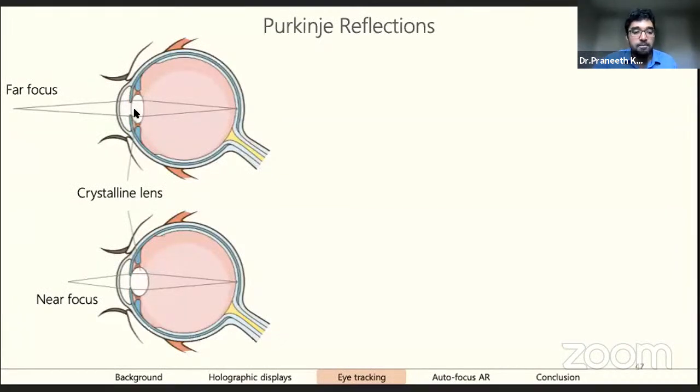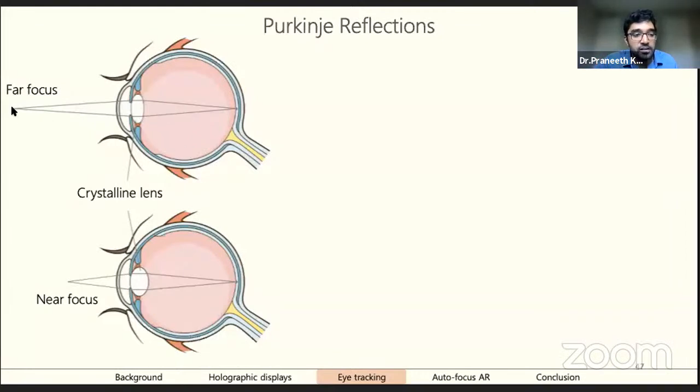So to make an eye tracker that can judge both divergence and accommodation distance robustly, we need to first look at how images are formed in an eye, right? So let's say the eye is looking at a far object.